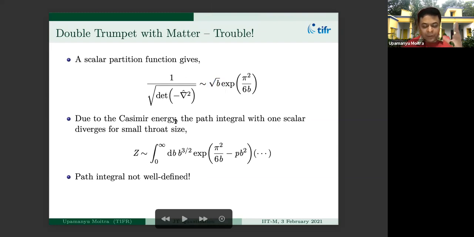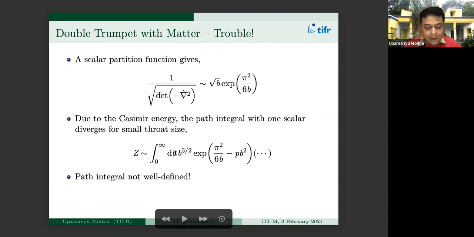Because of the Casimir energy of the scalar, the path integral with one scalar gives a divergent contribution for small throat size. The moduli space integral is over b from 0 to infinity, and it has b to the 3/2 and e to the pi squared over 6b. You see that this has an essential singularity at b equals 0. So it seems that the path integral is not well defined. This is something that obviously needs to be looked into more.